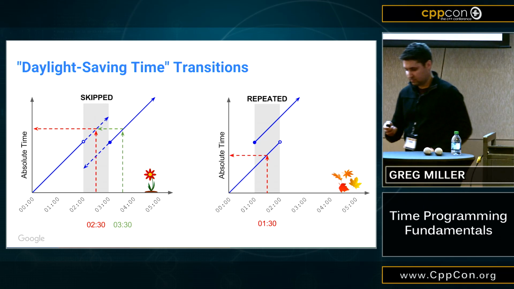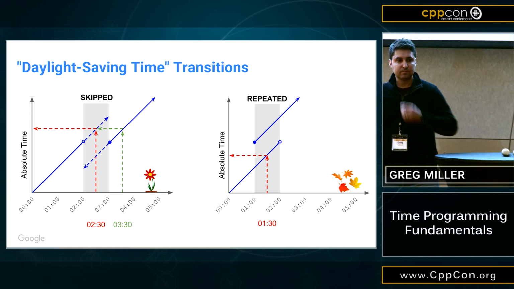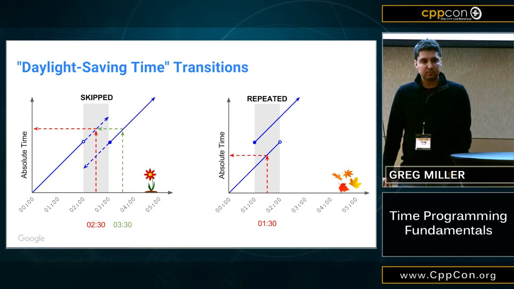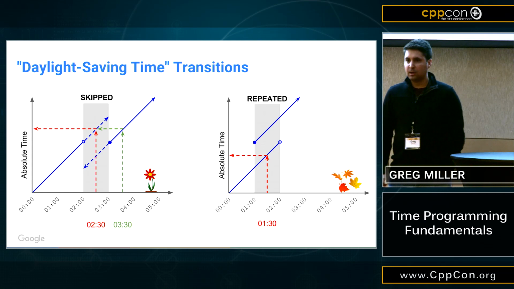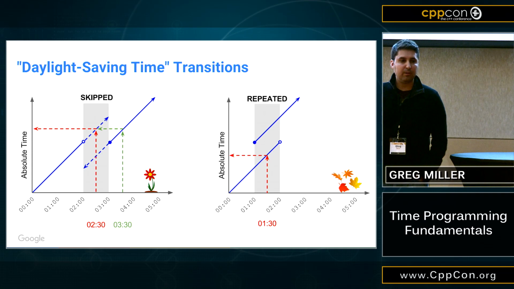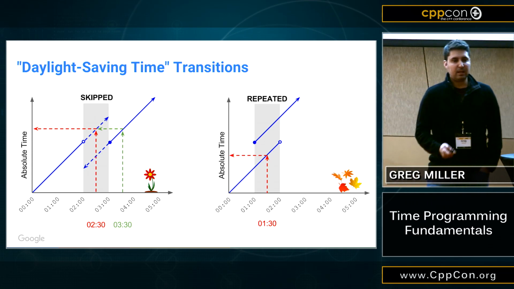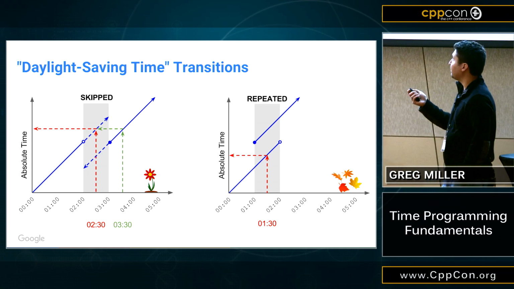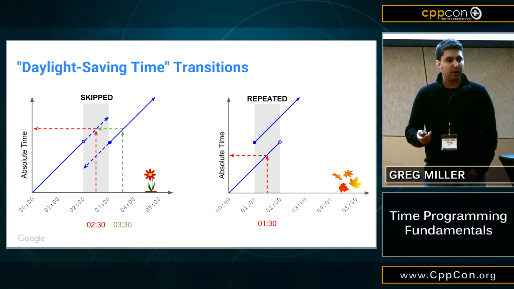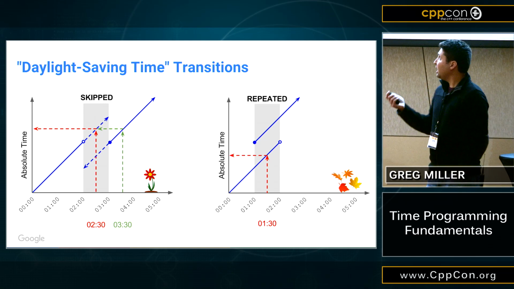Yes? So when someone asks for a time in between, is that usually a programming error or a user input error or something else? The question is, if someone asks for a time that doesn't exist, is it usually a programming error or a user input error? It could be those.